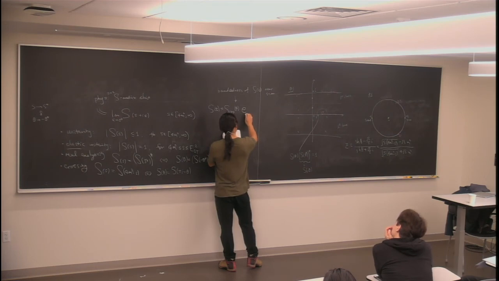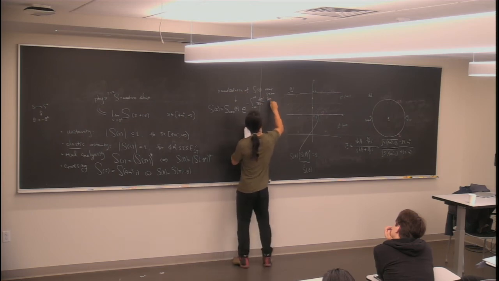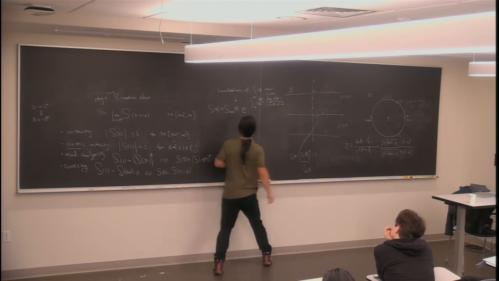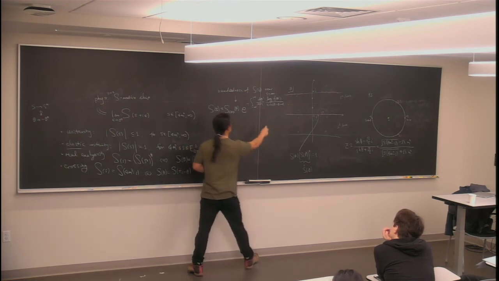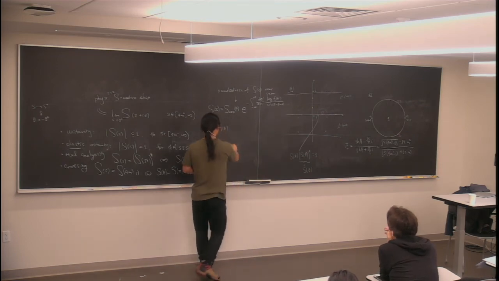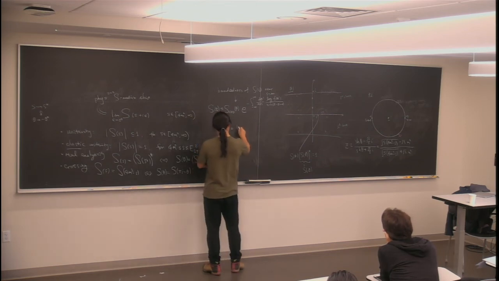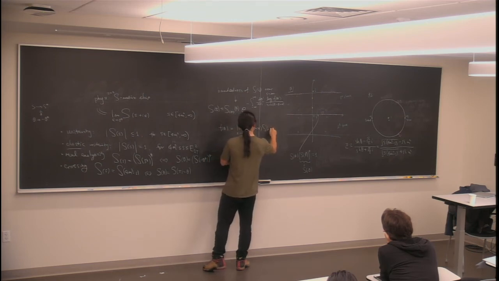It takes the following form: e to the minus integral d theta prime over i log of f of theta prime over sinh of theta minus theta prime plus i epsilon, where f of theta, defined for real theta, is just the 2 to 2 scattering cross section. That is, in my notation, the limit as epsilon goes to 0 of S of theta plus i epsilon times S of theta plus i epsilon star.